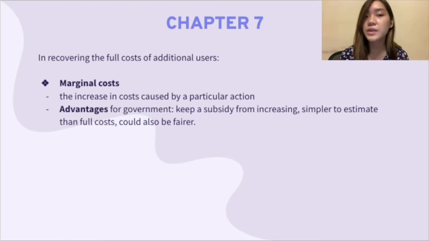It is simpler to estimate than full costs because we do not need to allocate indirect costs, and also could be more fair. An example of the marginal costs is extending pool hours from 5 to 7 p.m. The marginal costs to be calculated would be the staffing and operating the pool only for these 2 hours.